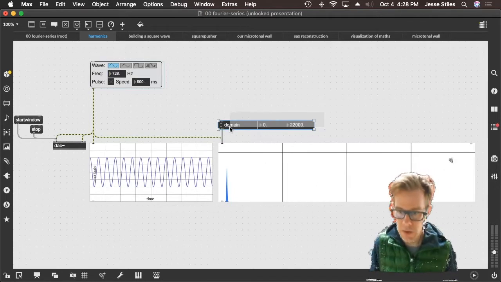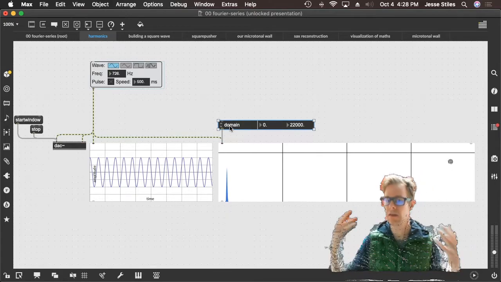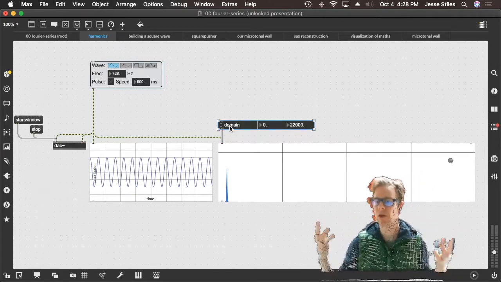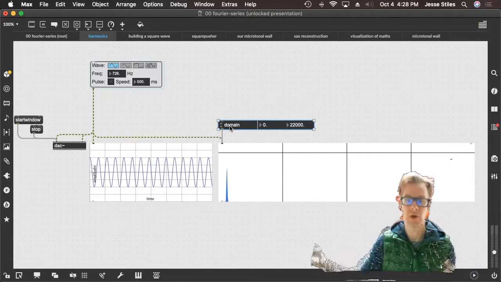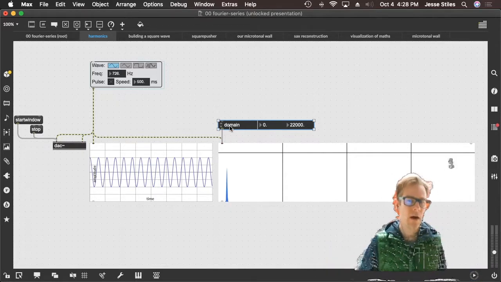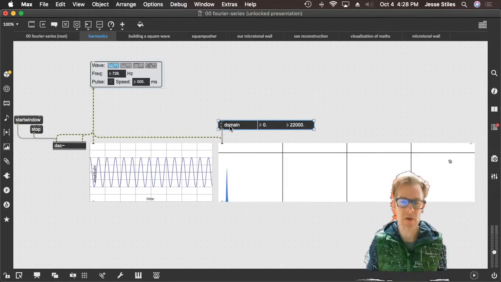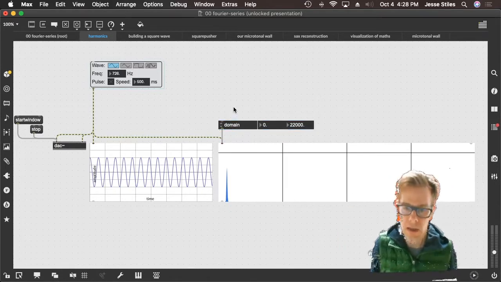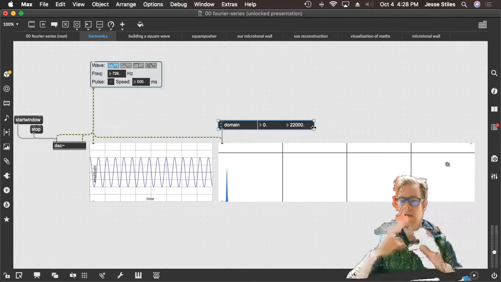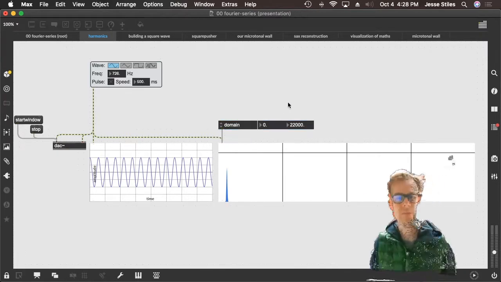And these frequency ranges are, of course, because this is a representation of an audio signal, determined by the range of human hearing, where around 20,000 cycles per second is the highest frequency that human beings can hear. So this is going to be a range that covers the entirety of human hearing.